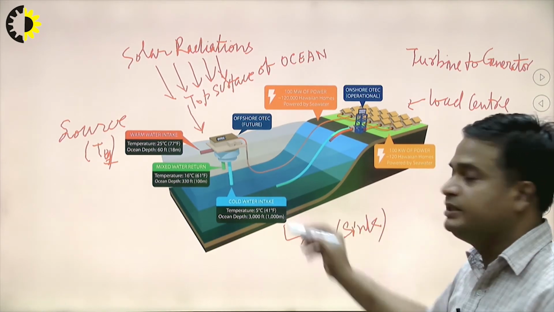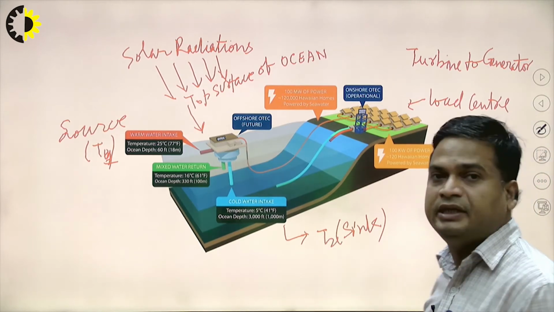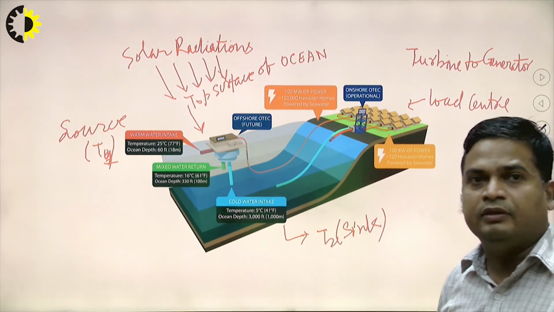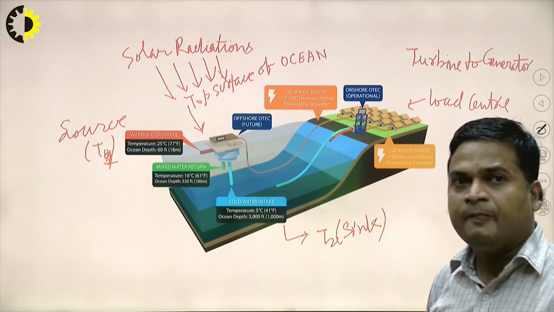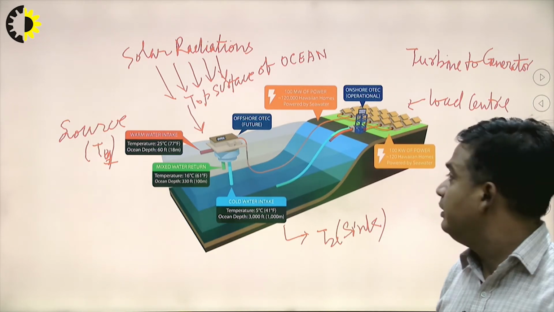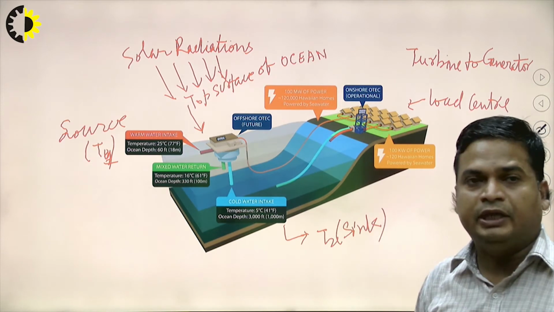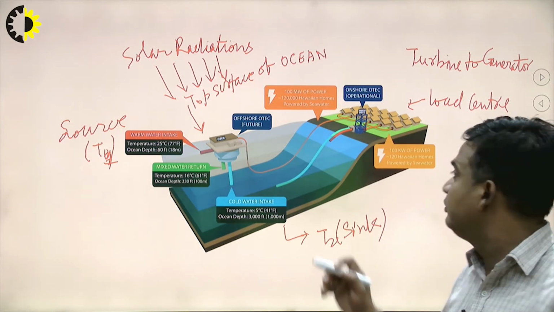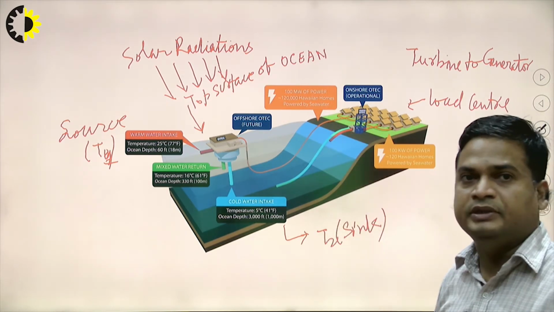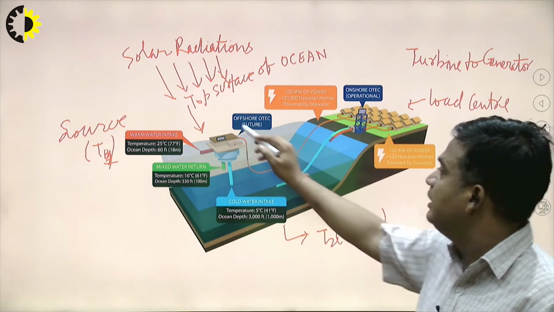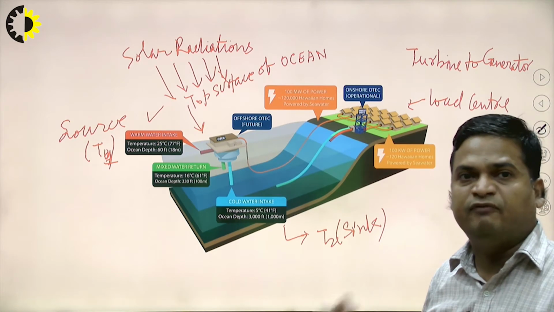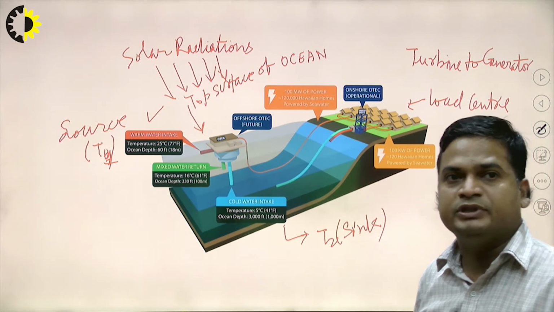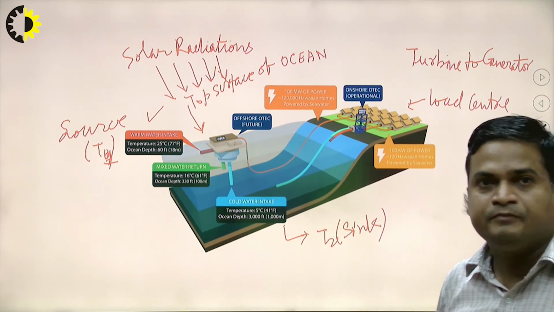So utilizing this, at the lower temperature, the sink, the vapor form of the working fluid is converted into liquid form. Then again this liquid working fluid is circulated to the upper part, utilizing the energy of the source, converted again into vapor form, and therefore this process continues again and again.